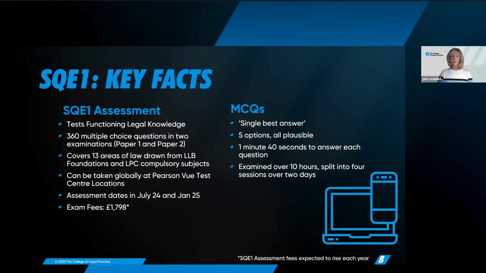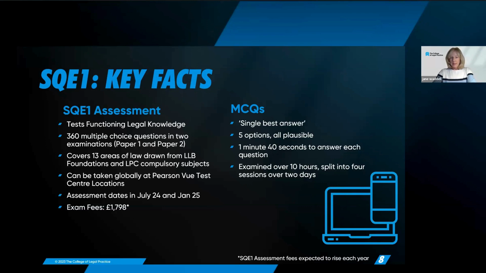It's examined solely by MCQs, and they're not just any old MCQs. There are 360 of them, and they have 5 options, not 4, and every question is a single best answer. What that means is that quite often all 5 options are correct and plausible, but one is better. That reflects life and practice as a solicitor, where there are lots of options, but you've always got to choose the best one for the client. So that's demanding.